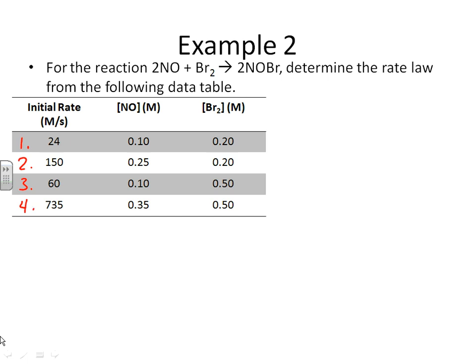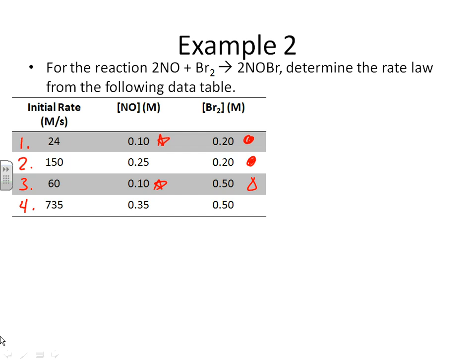Once again, when I'm looking at this data, I see a couple of things. I've got 0.1 and 0.1 for the NO between trials 1 and 3, so that's good. I see that I have 0.2 and 0.2, that's the same right there.